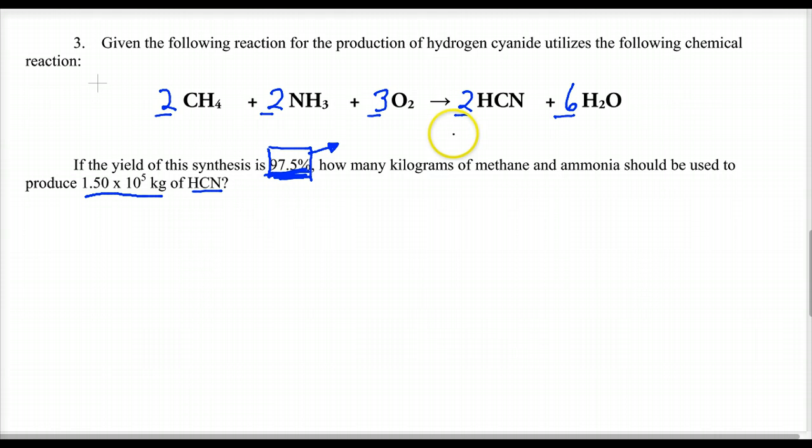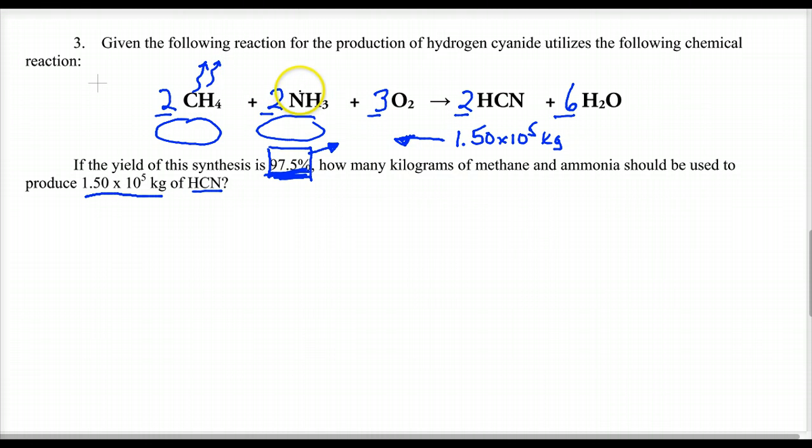Let's just think about this for a second. If we have 1.50 times 10 to the 5 kilograms being produced, and we were to go directly back in stoichiometry and find out these values that were needed to make it, we would be assuming 100% efficiency going backwards. Now remember, if there's some error, some of this would escape or wouldn't react.